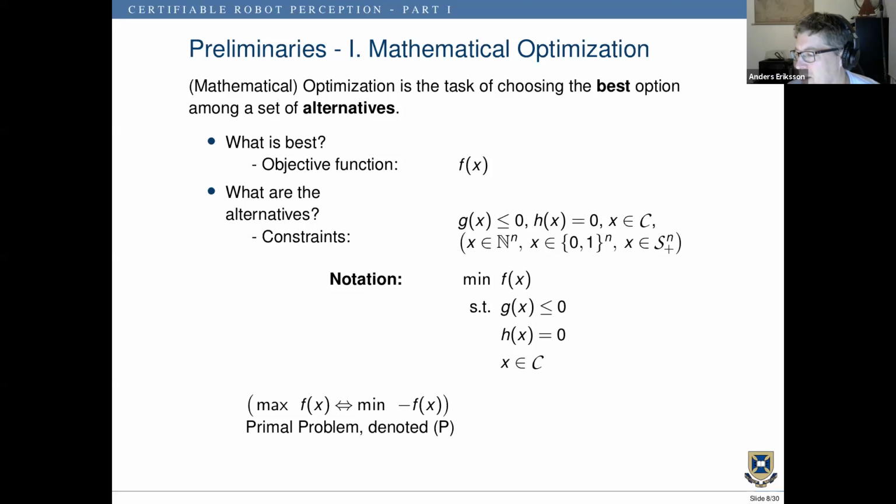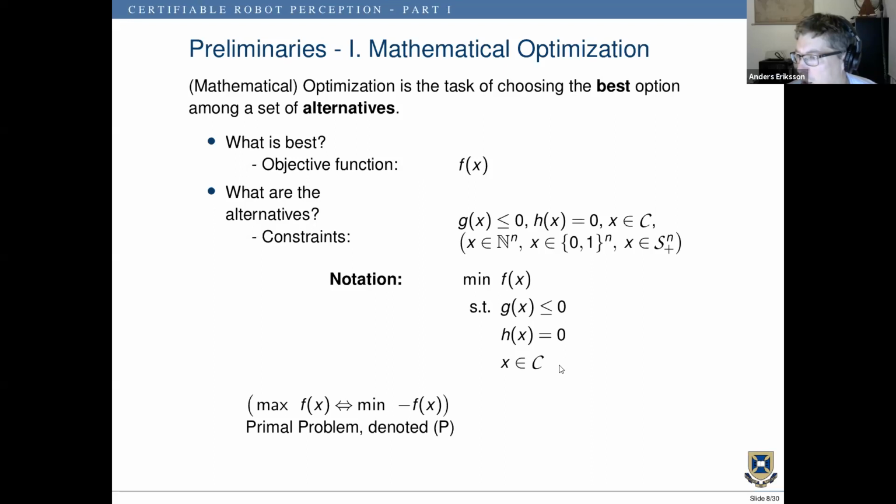It's not entirely consistent notation here, but normally when you define an optimization problem, you write it like this. So you minimize your objective function, s.t. or such that, these list your constraints. And again, these can be given as inequality constraints, equality constraints, or with some form of set notation.